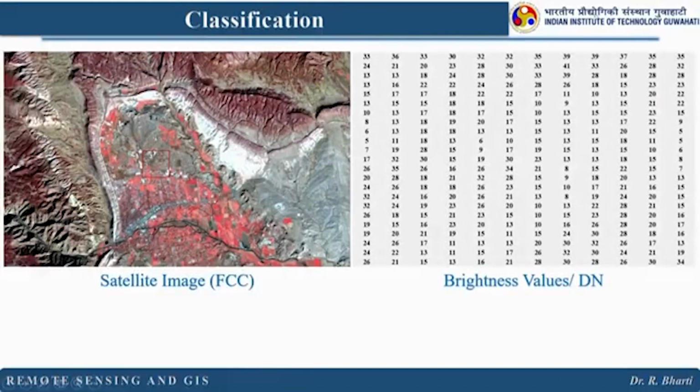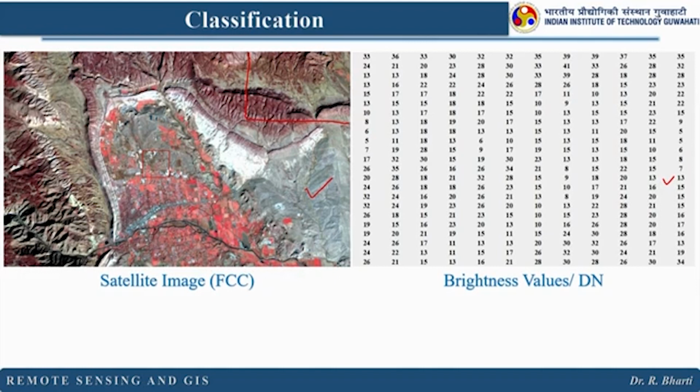Before we start the classification, here is one satellite image and here are the brightness values. This is for only one part of it, because for the whole image we cannot display the DN numbers here as the space is limited. So for one part these are the DN values.